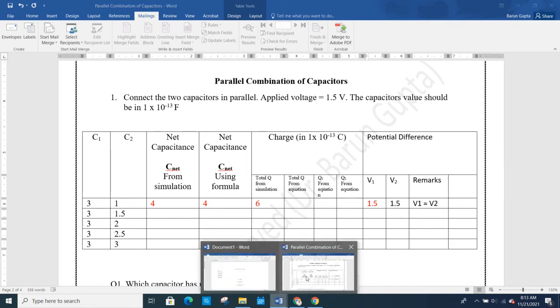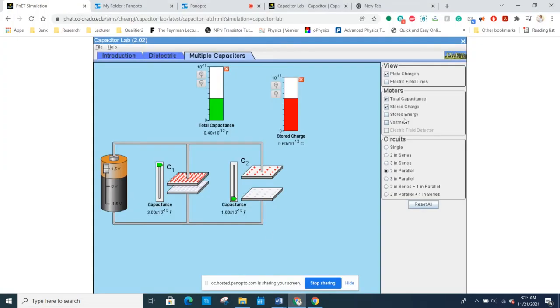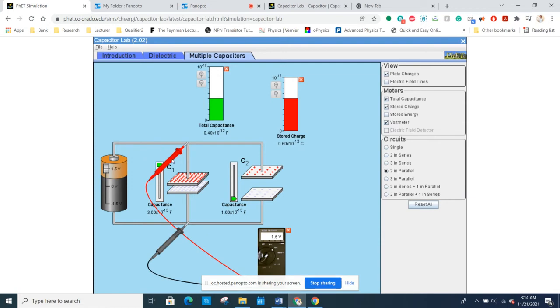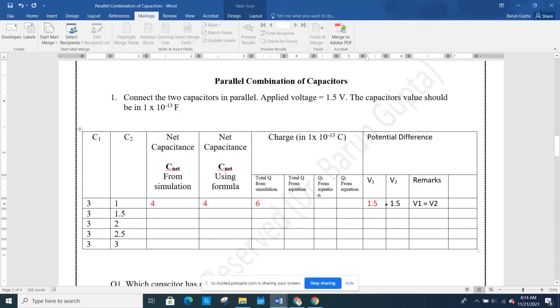Take a voltmeter, place it against the capacitor C1 and read the reading, that is 1.5 volt. Come over here and write down 1.5 volt. Exactly the same way, take it to C2 and it is also 1.5 volt. Make sure that all the readings are in red color.